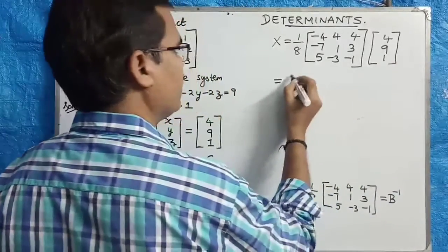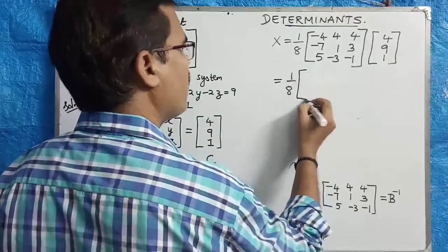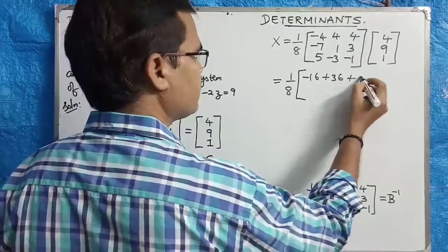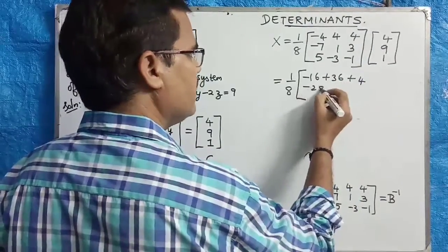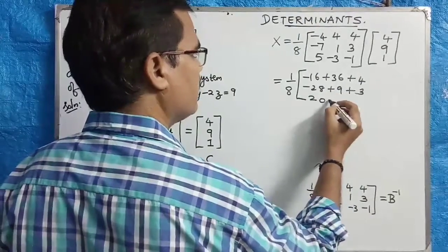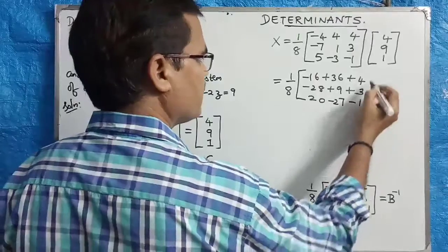Now let us multiply. Minus 16 plus 36 plus 4. Minus 28 plus 9 plus 3. 20 minus 27 minus 1.